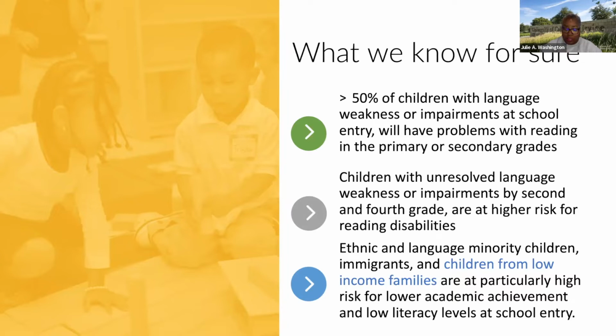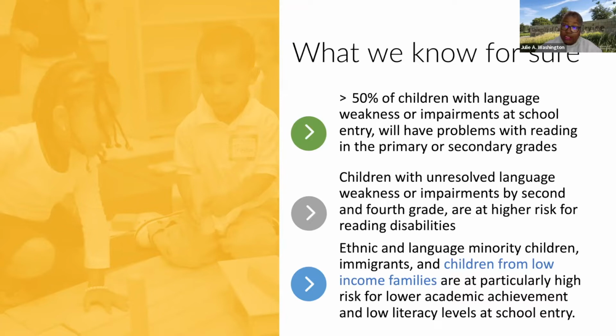So this was something that Hugh Katz talked about early on when we first started documenting the relationship between language impairments and reading, that more than half of kids who are experiencing any difficulty with language, even if it doesn't rise to the level of a clinical impairment, will have difficulty with reading development. And if these are unresolved by the time you get to second grade, or fourth grade, kids are at higher risk for reading disabilities.